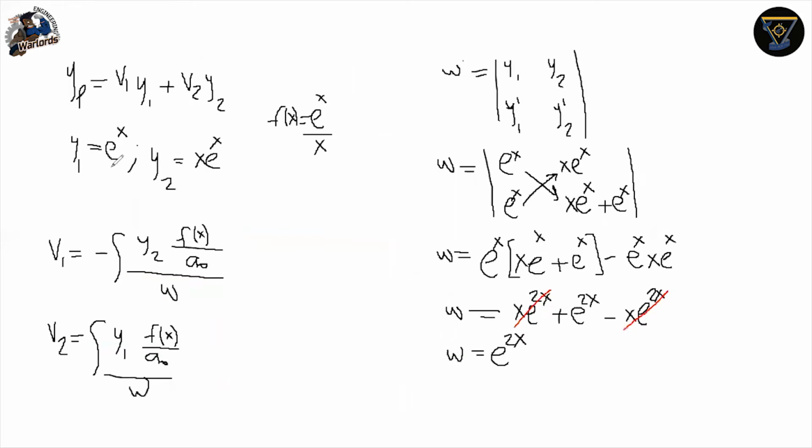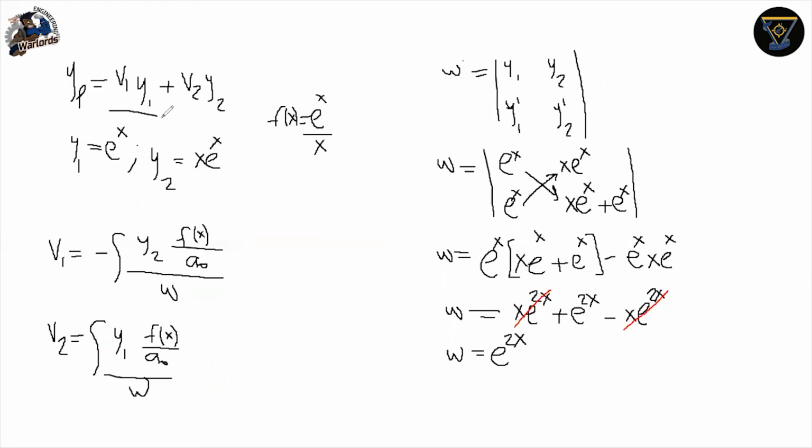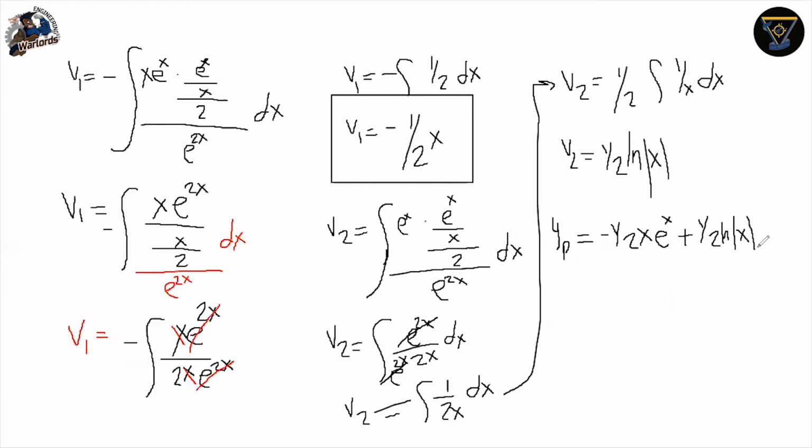Y1 is e to the x. And then we say plus v1, sorry, v2. V2 is a half ln x. And then you add it with y2, because all we're doing is using this formula, you know. And you multiply it with y2. And y2 was x e to the x.